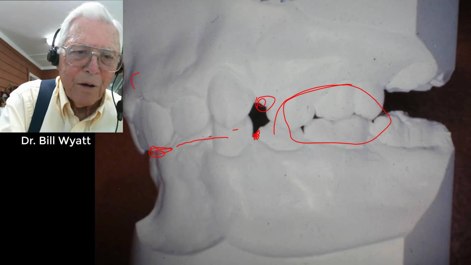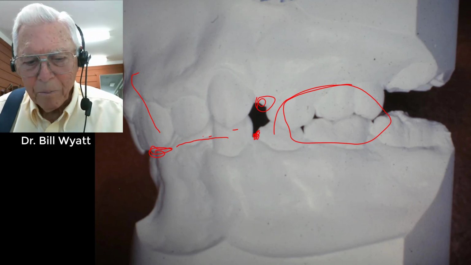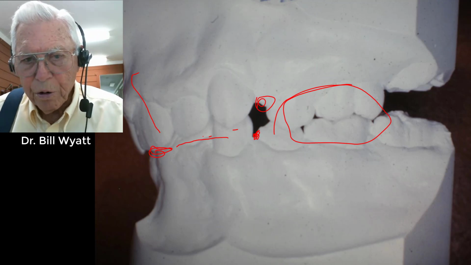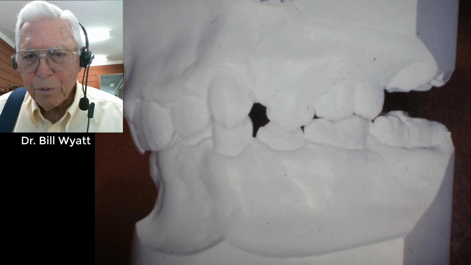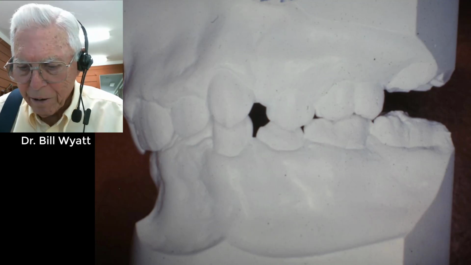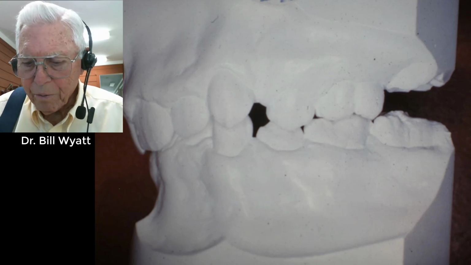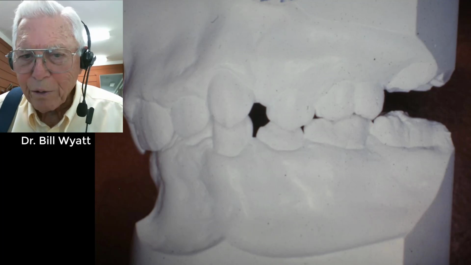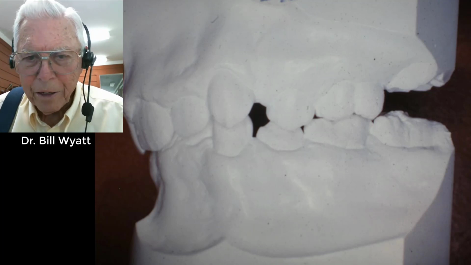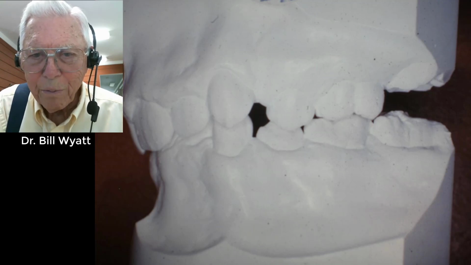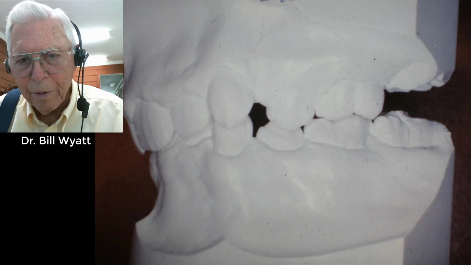And these teeth have leaned back in like that. Okay, when we start the case, just putting the separators in changes this whole thing. And you've got a pretty good space between all the teeth. And part of this space will close up when you put the separators in here. So you don't think about that.